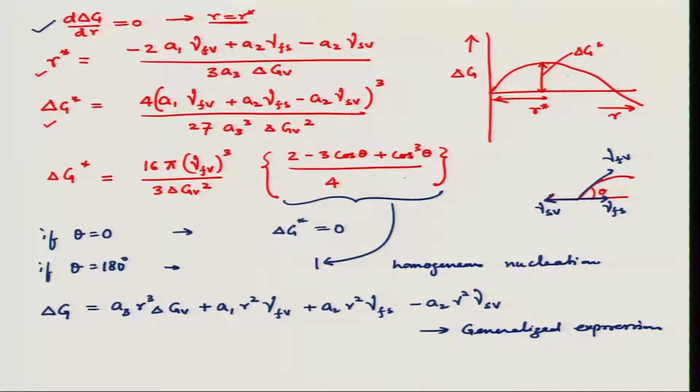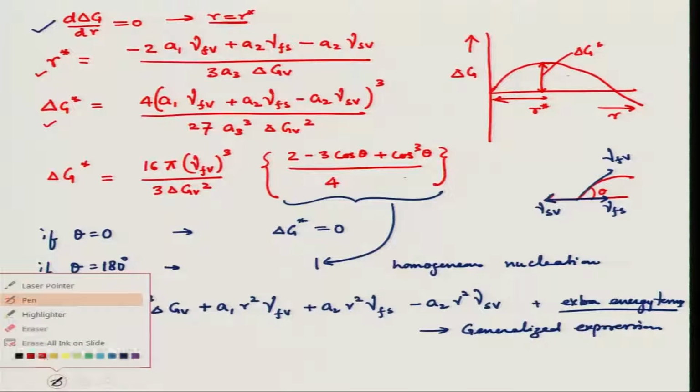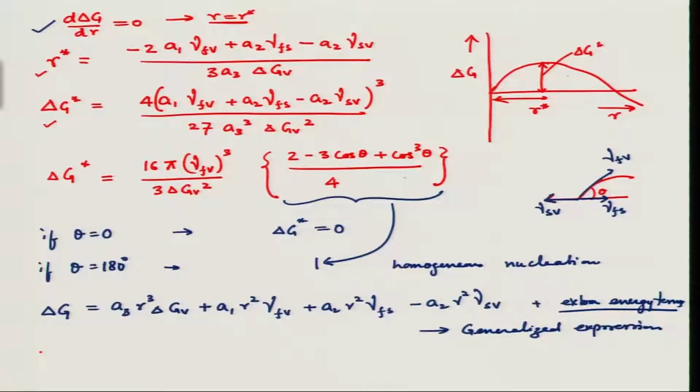You can do that by adding any extra energy terms. For example, if I have some strain energy, if there is a lattice mismatch for an epitaxial growth between substrate and the thin film, then I will have some strain energy.